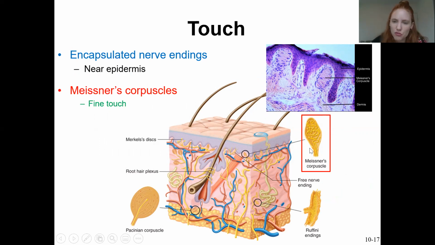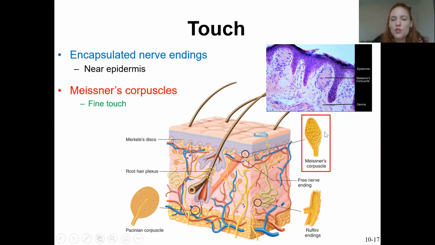Meissner's is the specific type of touch receptor, and they are located right up near the epidermis. So here we have the epidermis. See, it's solid cells. That's the stratified squamous epithelium that makes up the epidermis there. It's right underneath it, in the papillary layer of the dermis, so right up next to it, and that's why you can get very small, fine touch.